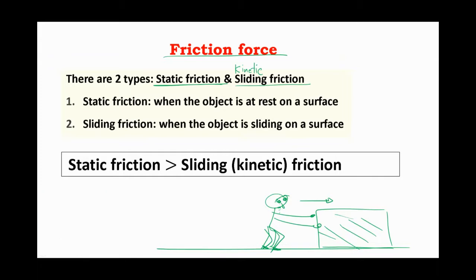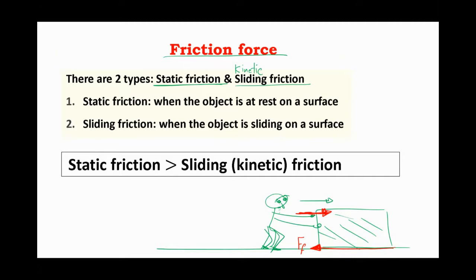Maybe you will not be able. Let's assume that you are trying to push it, you are applying a force F, but you cannot move it. Why is that? Because there is a resistance opposing the motion. This resistance is a friction force, but the object does not move.